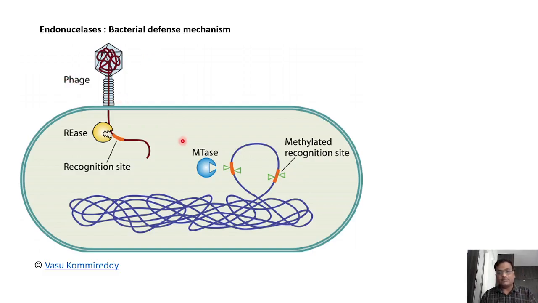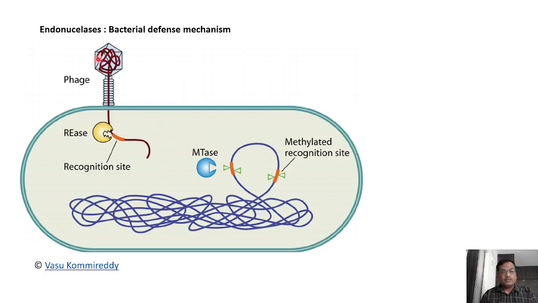So as we get infected by bacteria and other pathogens, even the bacteria are also infected by these phage viruses. So how is it going to protect itself against the infection of this phage? So, endonucleases can be considered as the immune system of bacteria.